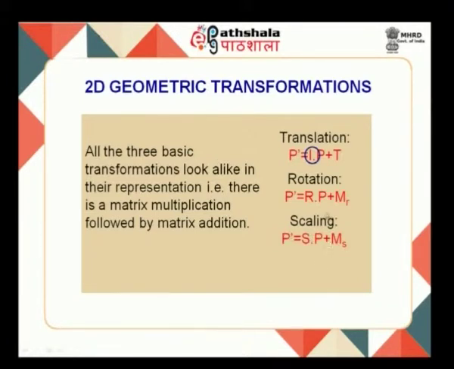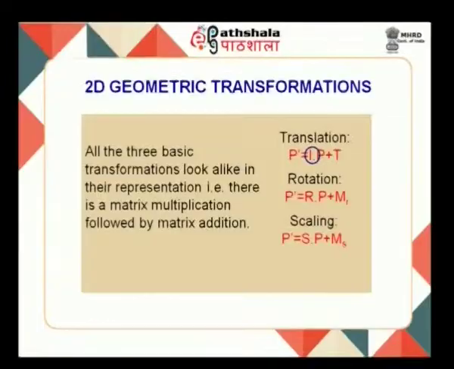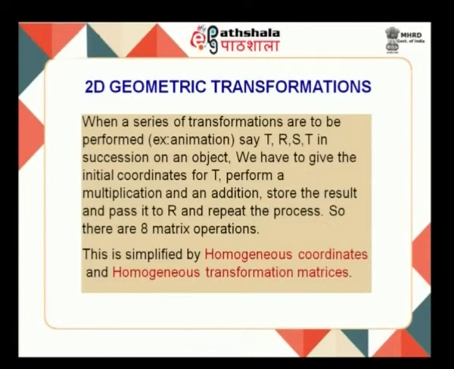If you have to do all this for 4 transformations like translation, rotation, scaling, translation, you will be doing 8 matrix operations, and over and above that you will be storing the intermediate results also. That is 4 multiplications and 4 additions. Imagine so much you will have to do.